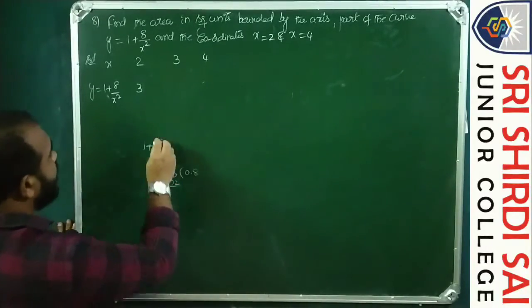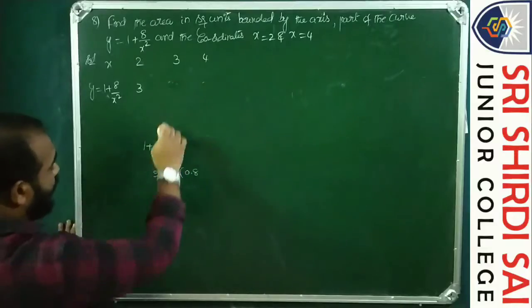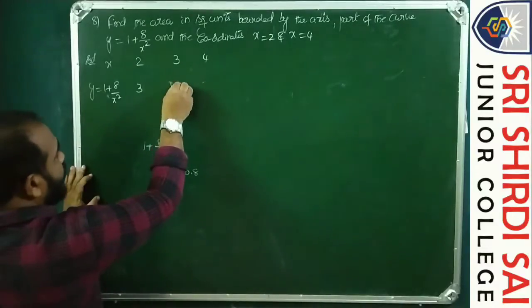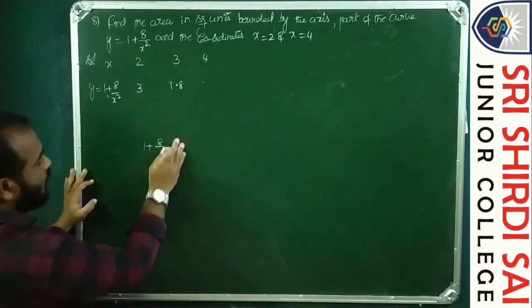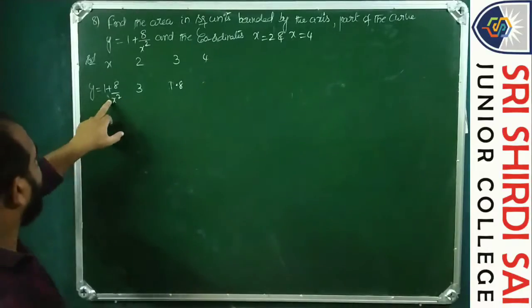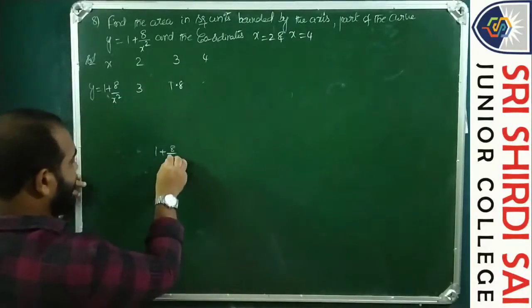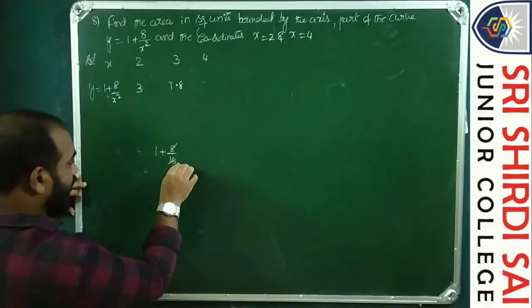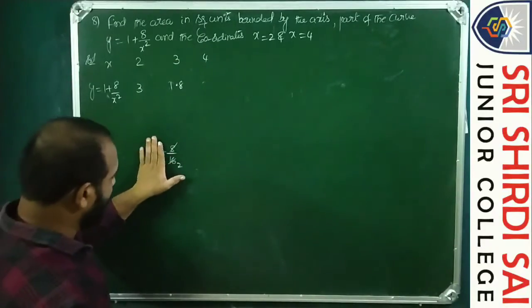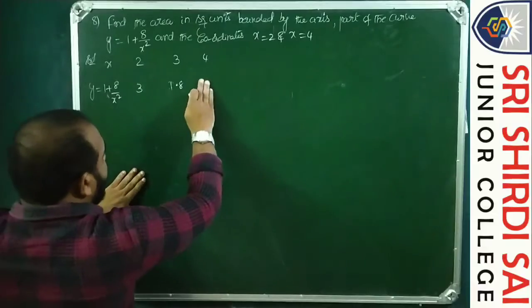So 0.8 plus 1 is 1.8. Likewise, 1 plus 8 by 4 square, 16. So this is 2 times. 1 plus 1 by 2 is 3 by 2, which is 1.5.